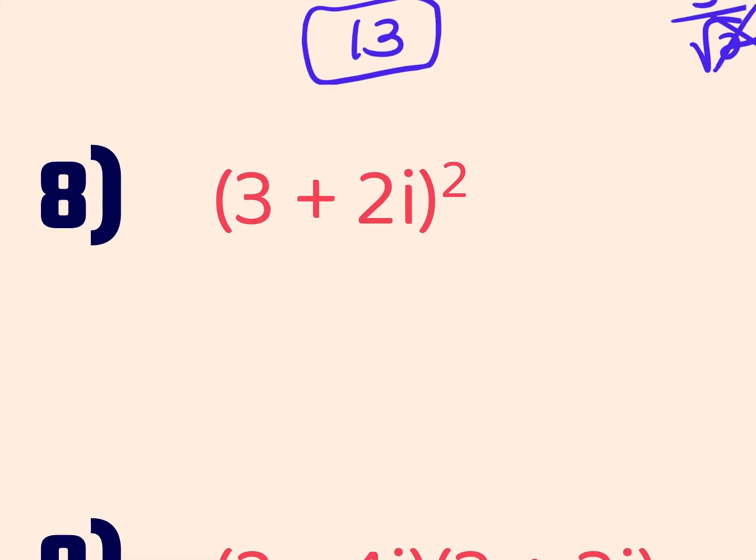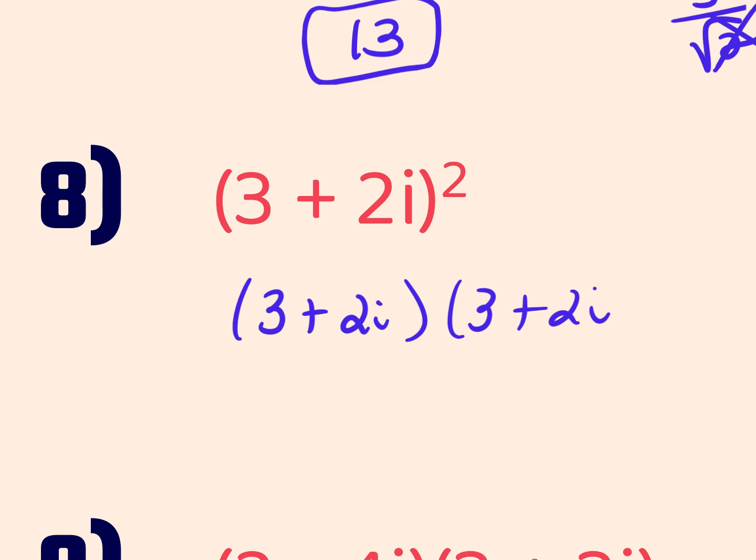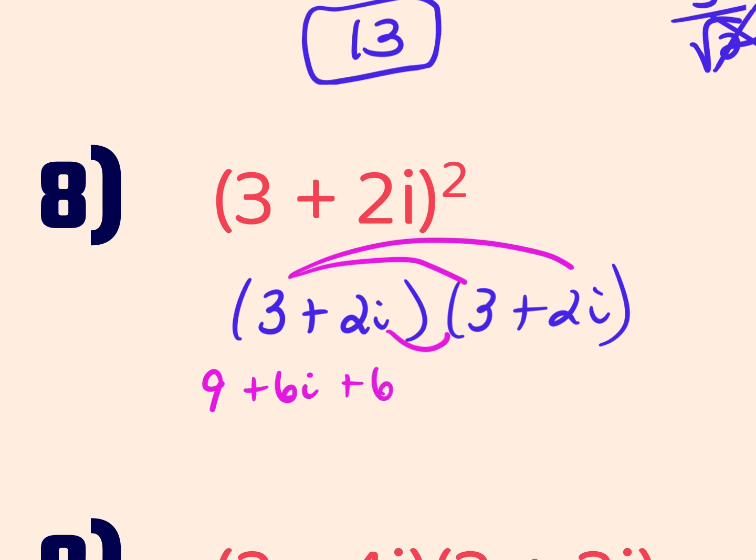All right. What does this say? This says 3 plus 2i times 3 plus 2i. In this case, should my i's cancel out? No. If you don't see that, no big deal. Multiply. What's 3 times 3? 9. 3 times 2i, plus 6i. 2i times 3, plus 6i. 2i times 2i, plus 4i squared.